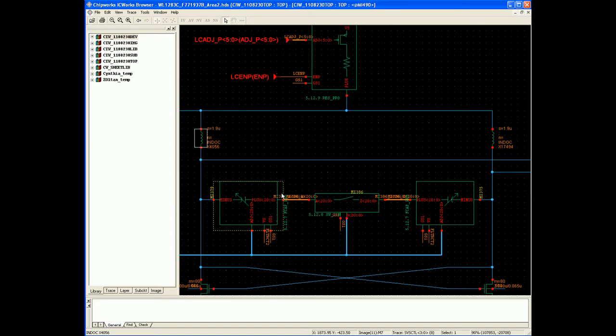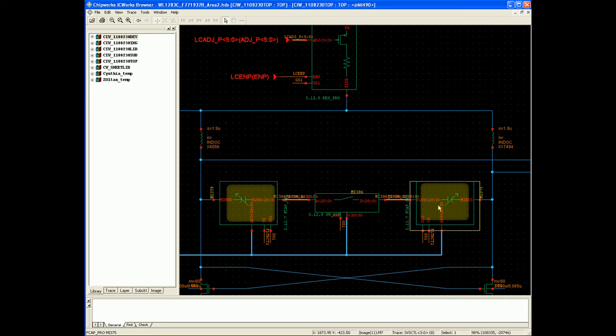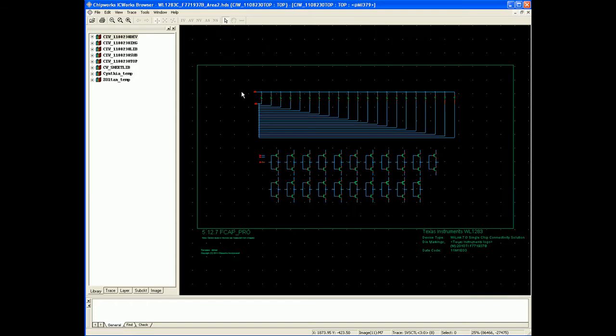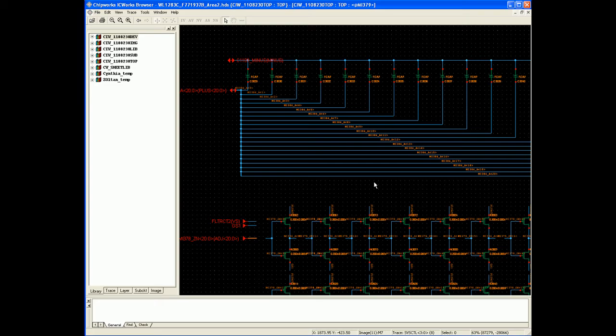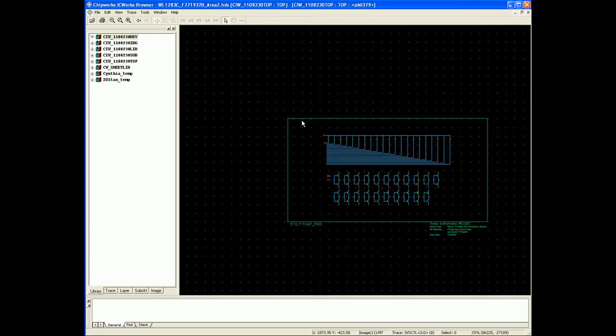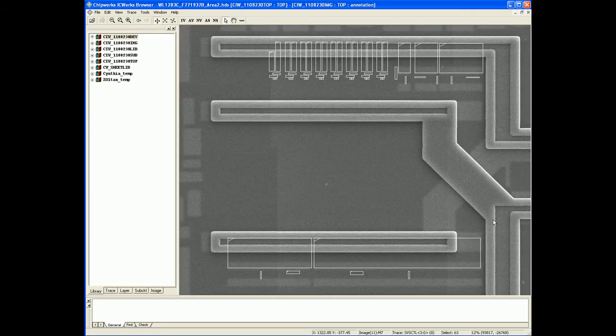The tank circuit also consists of several programmable variable capacitors, shown here, these two here. So again, we can cross probe this and see where they are located in the die.